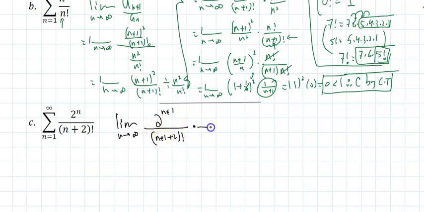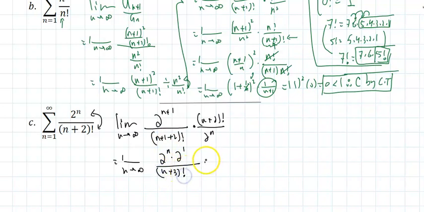Instead of dividing, I'm going to multiply by the reciprocal automatically. Save myself some time and work. This is going to be the limit as n approaches infinity, and let's see how this works. I know that's 2 to the n times 2 to the 1. I know this is n plus 3 factorial, n plus 2 factorial divided by 2 to the n.